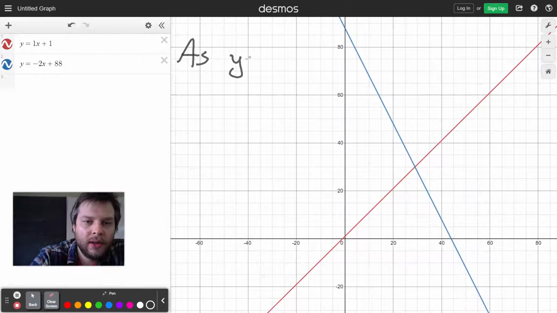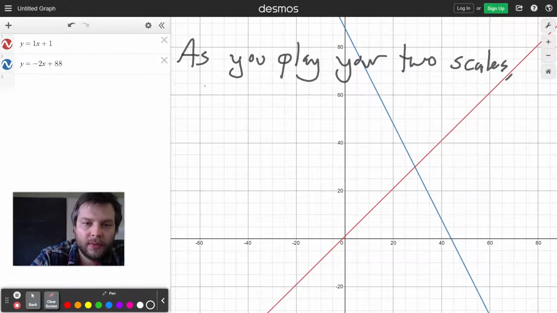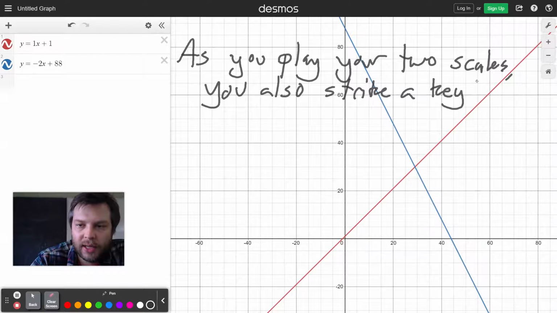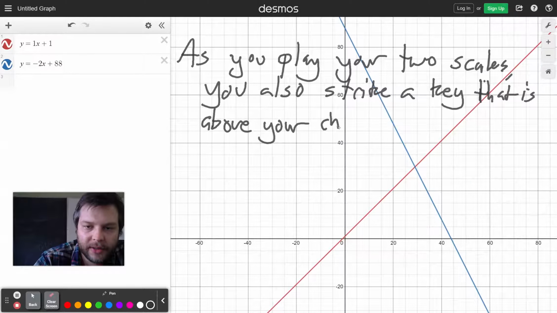As you play your two scales, you also strike a key that is above your chromatic scale.